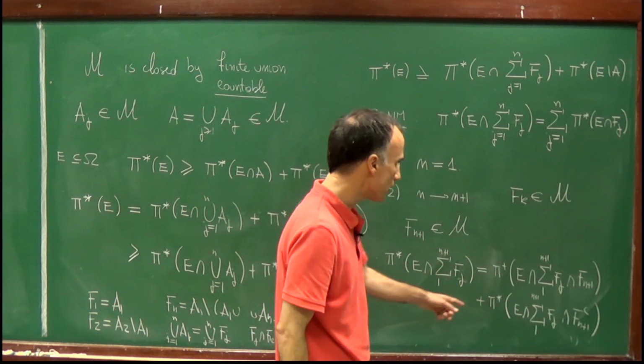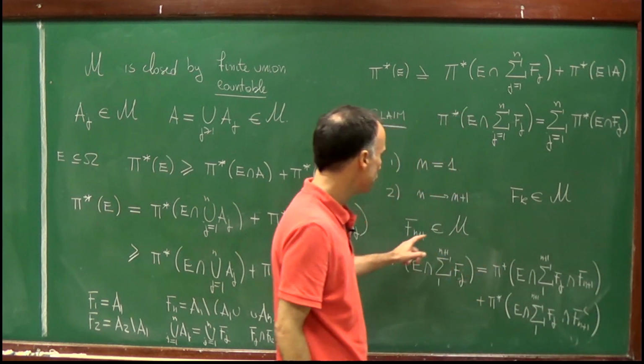Right? This identity holds because the set Fn plus 1 belongs to M.